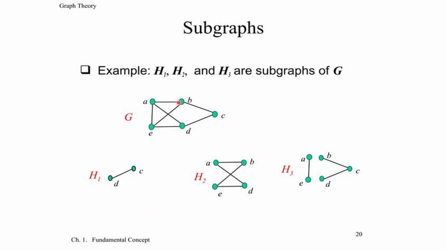Consider vertex A to B, B to E, E to D, and D to A. This part is a subgraph of the graph G. Similarly, the third one.